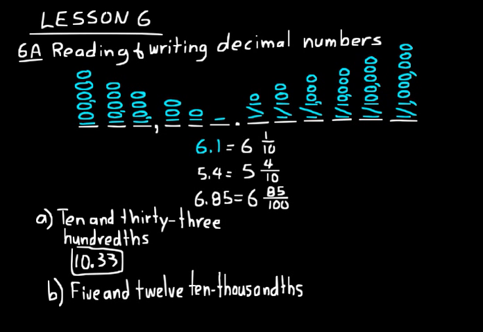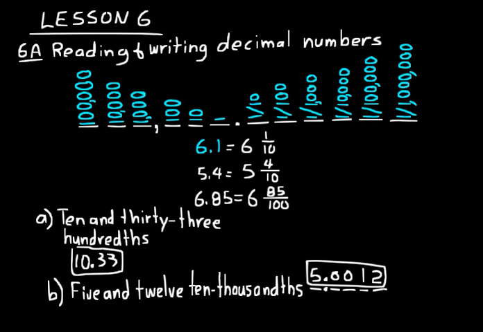Let's go ahead and write down some blanks on the board to help us remember our place values. So we'd have 5 in the ones spot and then a decimal point, our tenths, hundredths, thousandths, 10,000ths. So that 12, the 2 needs to go here and the 1 here, and then zeros go there and a 5 goes there. 5.0012 is the way we would write that answer, 5 and 12 10,000ths.